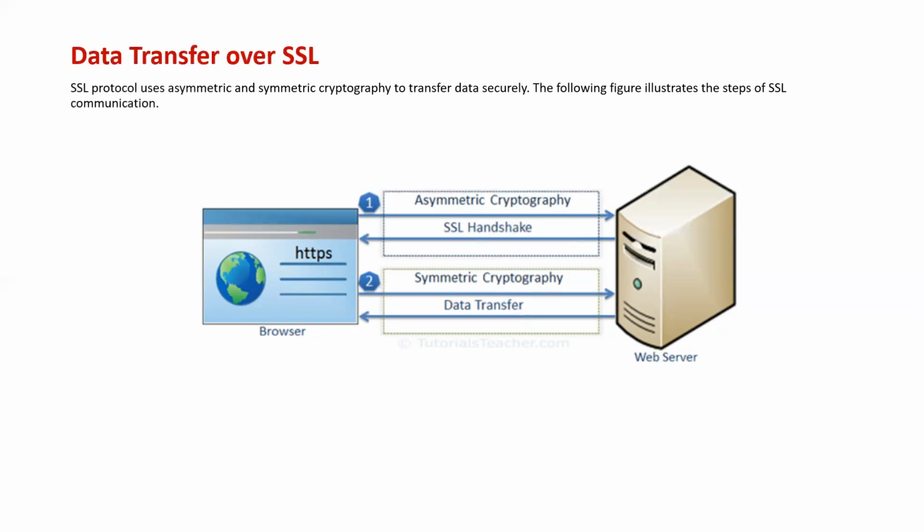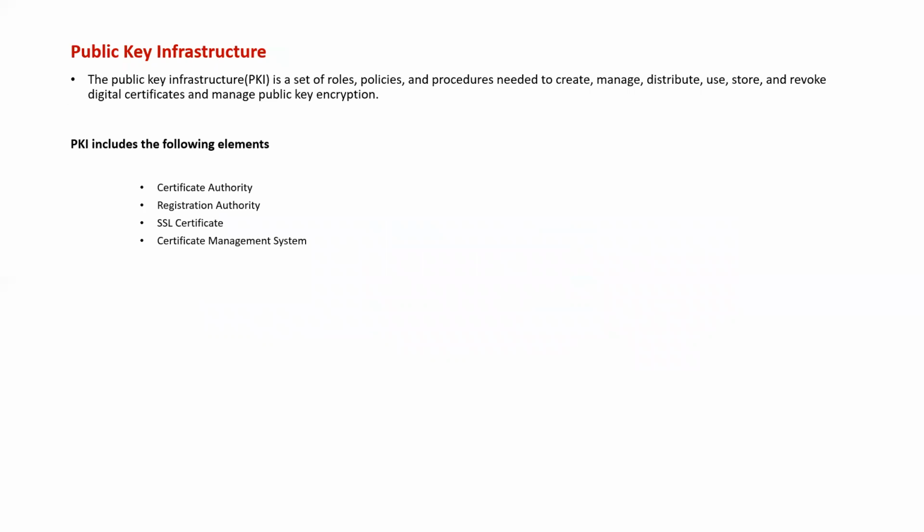There are certain infrastructures involved in achieving SSL communication in real life, which is called public key infrastructure. Based on those keys, it will transfer data between client and web server. This public key infrastructure is a set of roles, policies, and procedures defined in the SSL protocol. It has some key attributes, like the certificate authority.